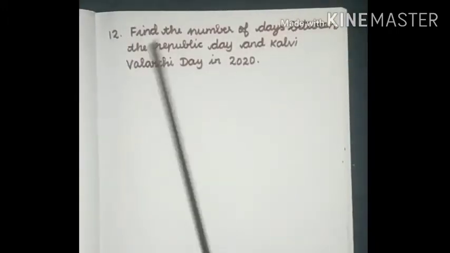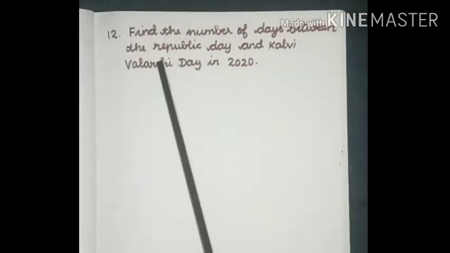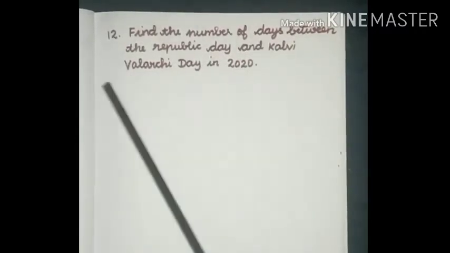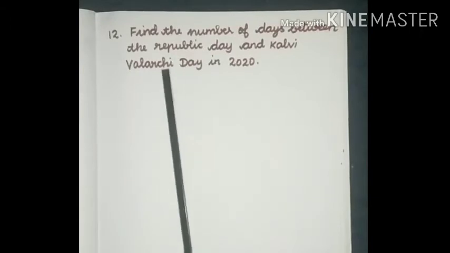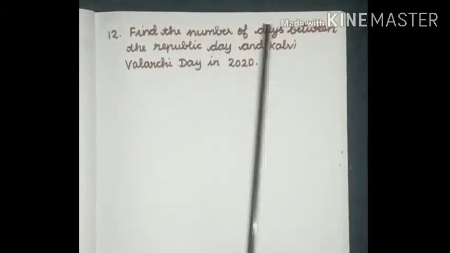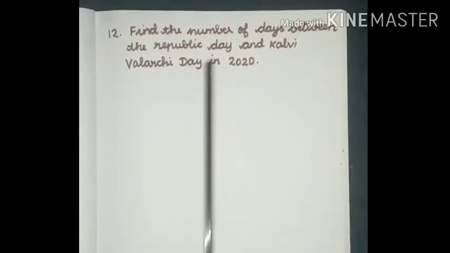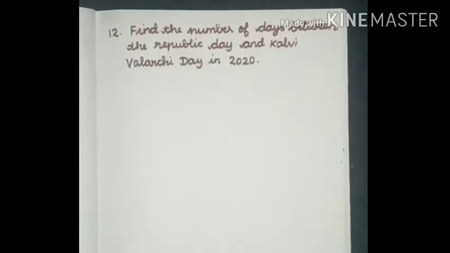12th sum. Find the number of days between the Republic Day and Kalvi Valarchi Day in 2020. Students, here the given question is, you have to find the number of days between the Republic Day and Kalvi Valarchi Day in 2020. For that, first you need to know the Republic Day and Kalvi Valarchi Day.